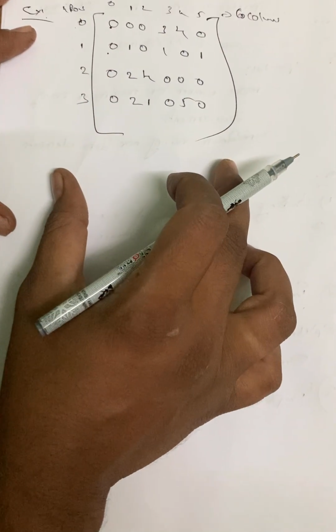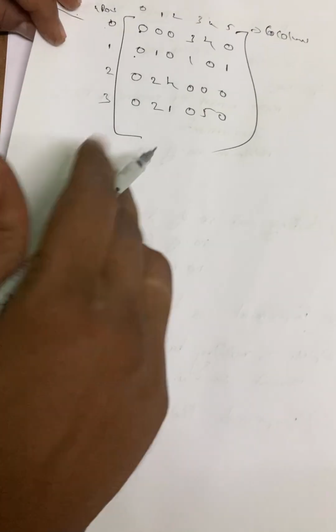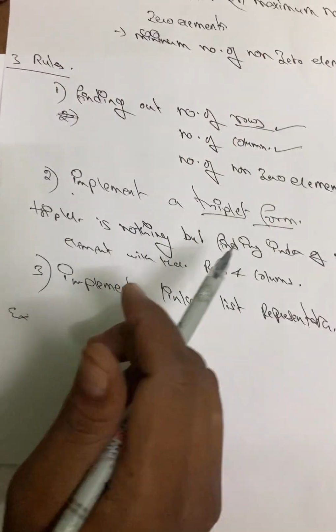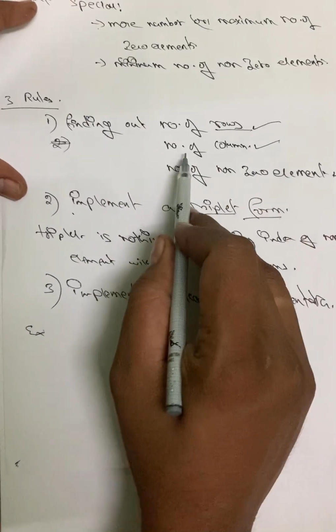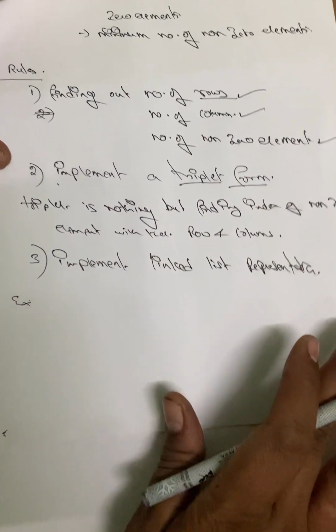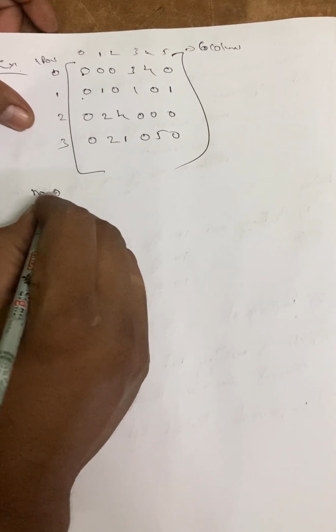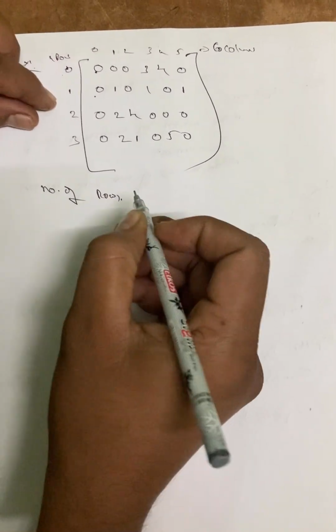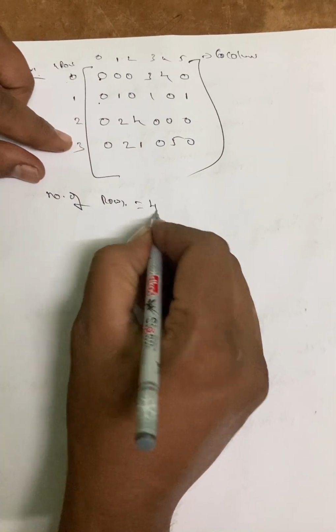From this given matrix, what is the first rule we have to do? In the sparse matrix, the first rule is finding out the number of rows and columns along with the non-zero elements. How many rows are there? 0 1 2 3, that means 4 rows.